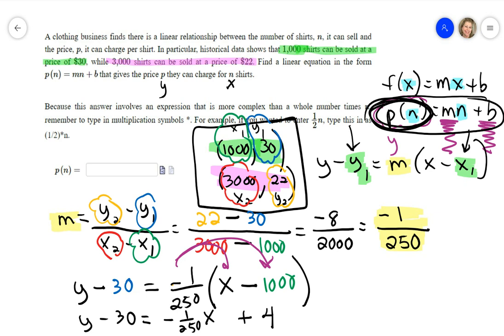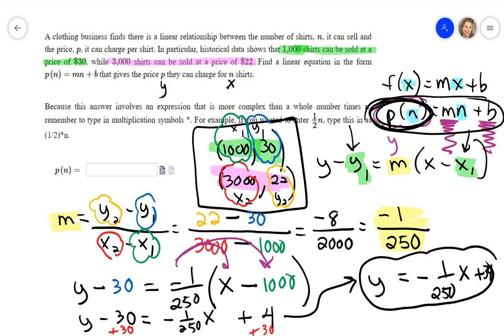And then I am going to add 30 to both sides. Hope you can see this and it's not gone off my screen. Okay, so my final answer should be y equals -1 over 250x plus 34. And of course, they already have the p of n right here.